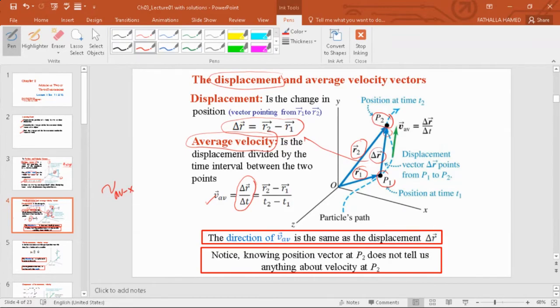But actually you can have your VF, which will have a VFx i hat plus VFy j hat plus VFz k hat.